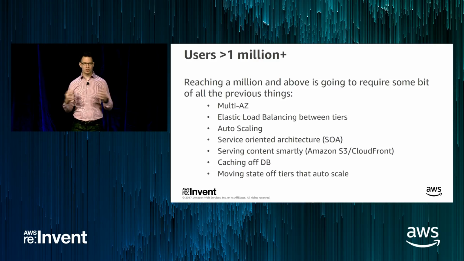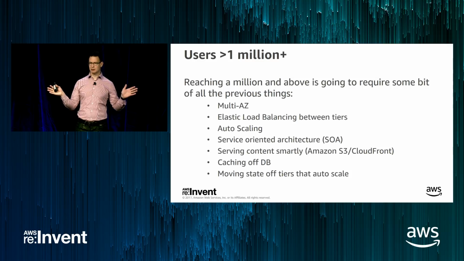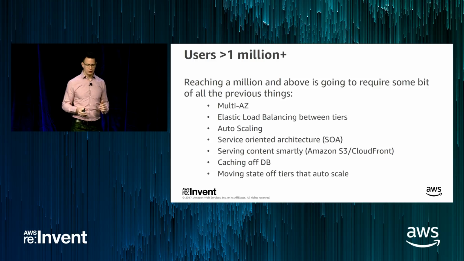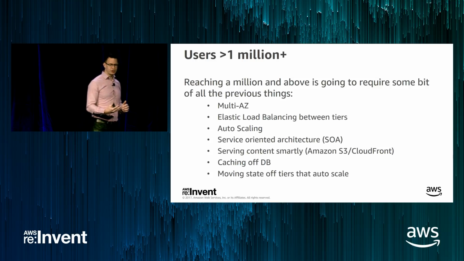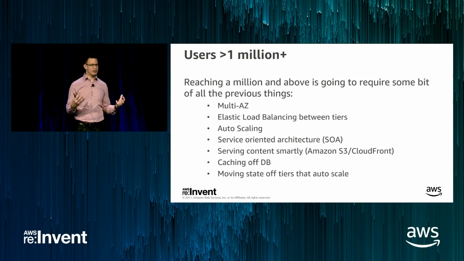Now, load balancing and auto-scaling are going to work together because as we scale out, the load balancer is going to not only keep track of the additional instances, but it's also going to keep track of what's healthy and what's not for us. We use service-oriented architecture and microservices to break down our application so we can spread that load out and manage it separately. We're going to offload the content and cache it as close to our end users as we can.